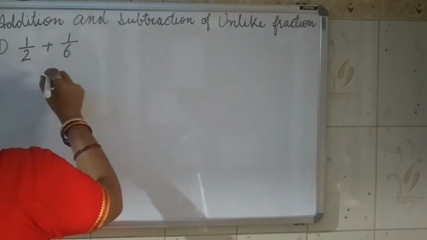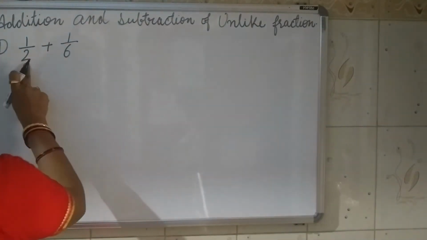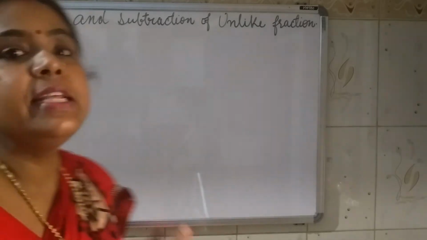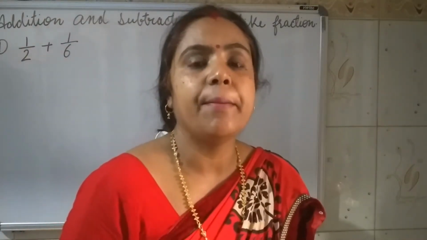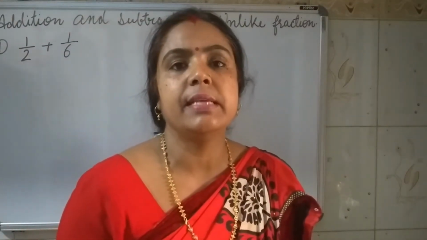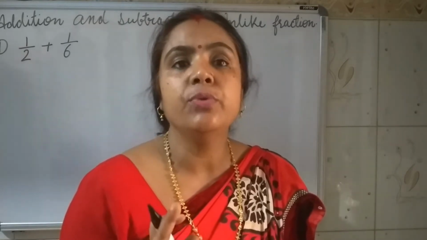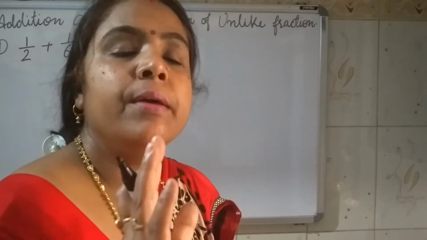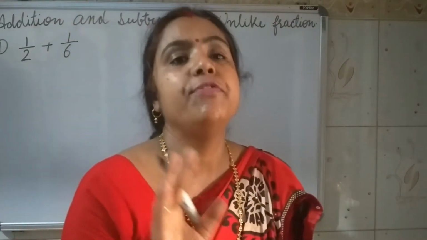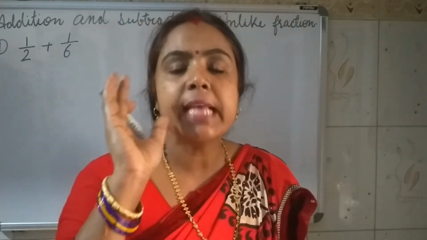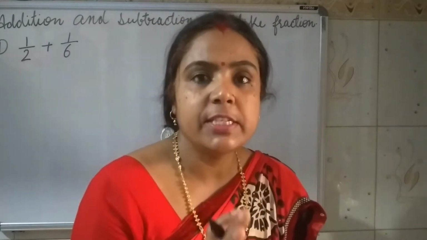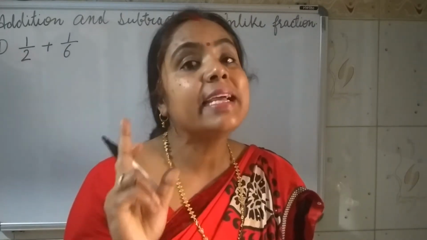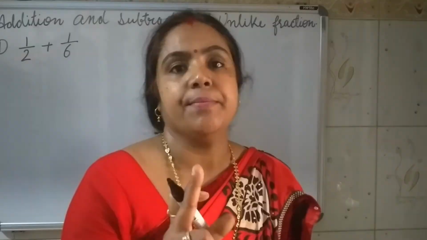So now here the denominators are 2 and 6. When I taught you the HCF and LCM chapter, factors and multiples, I taught you that when the numbers are multiples of each other, meaning the second number comes in the table of the first number, in that case the greater number is the LCM.